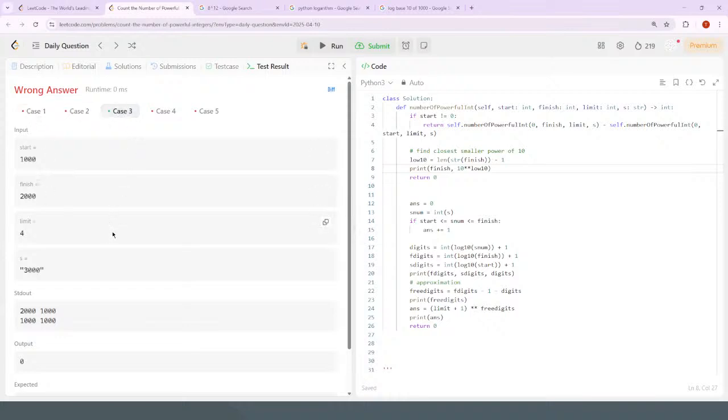Didn't quite work as I want it to. Okay, that's right. So finish is 2000, lowest power 10 is 1000. Finish is 6000, lowest power 10 is 1000. Yeah, I think this works as I want it to. Okay.